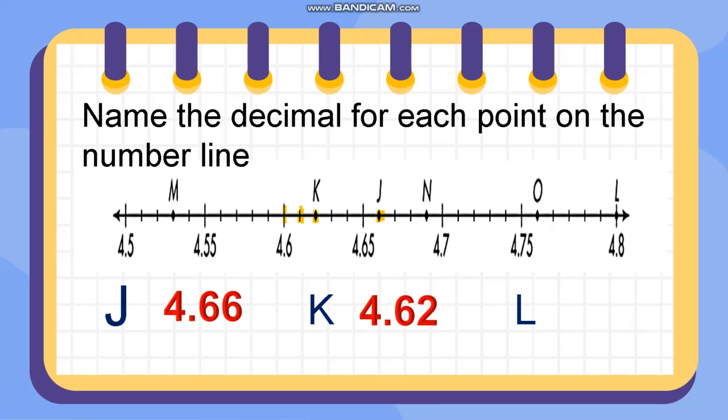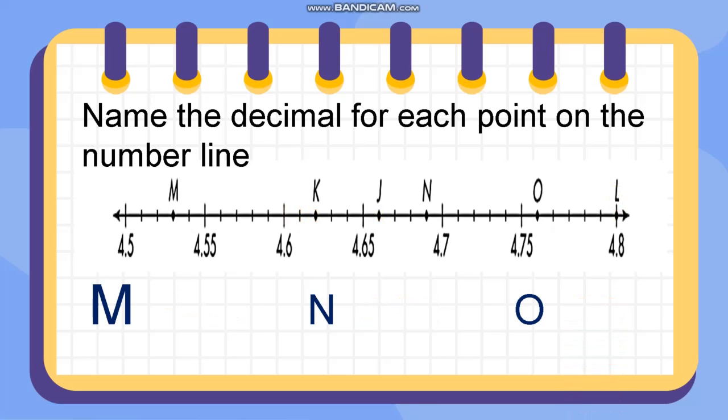Letter L, this is your letter L. That is exactly 4.8 or 4 and 8 tenths or 4 and 80 hundredths. Next, letter M. This is your letter M. So this is 4.5 or 4 and 5 tenths or 4 and 50 hundredths. So 51, 52, 53. So it means that is 4 and 53 hundredths.